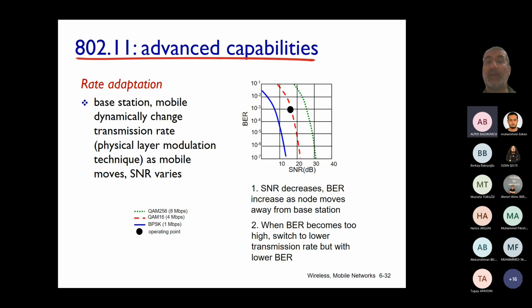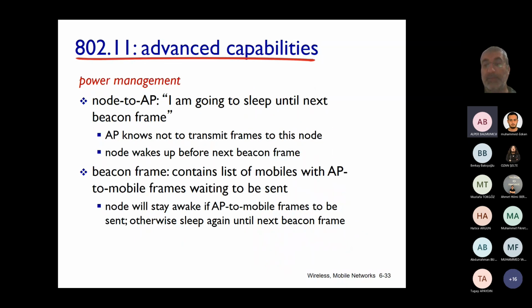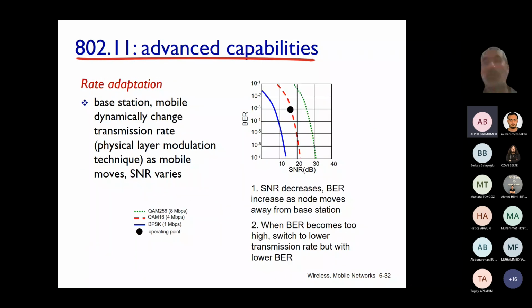So when the bit error rate becomes too high, then we switch to a lower data rate. That's what is called rate adaptation in Wi-Fi. So the idea here is, if the channel becomes worse, the link quality becomes worse, we reduce the data rate so that we can still keep the link alive.